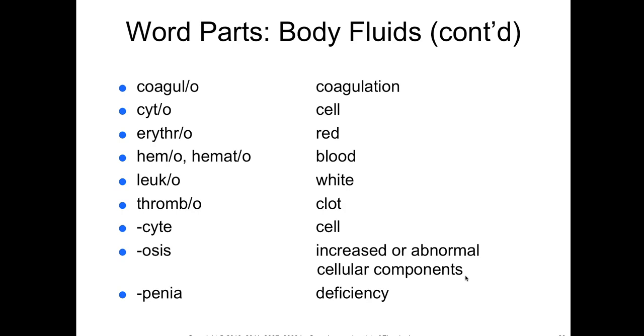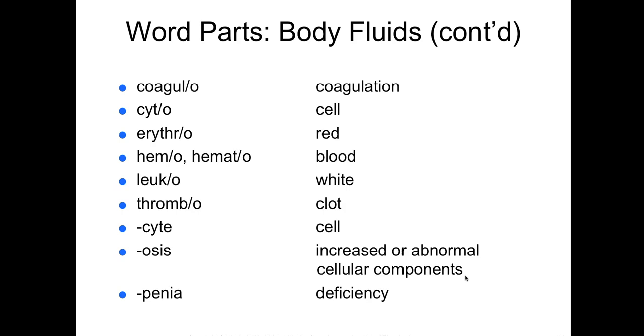So I talked about platelets, how they come to an area where you have a cut, and they are going to coagulate or clot in that area so we don't bleed. These platelets are also called thrombocytes. They are cells that clot. Okay, so I use that suffix cyte, which we know means cell. And osis you guys have already had. This is increased or abnormal cellular components.